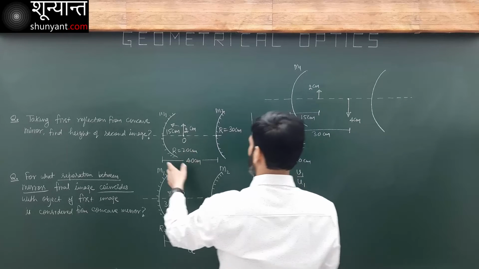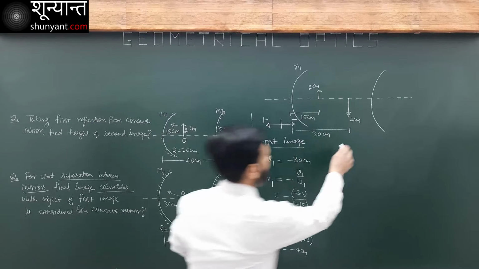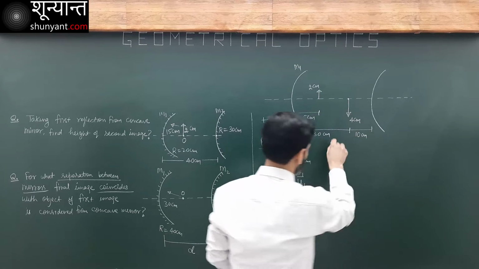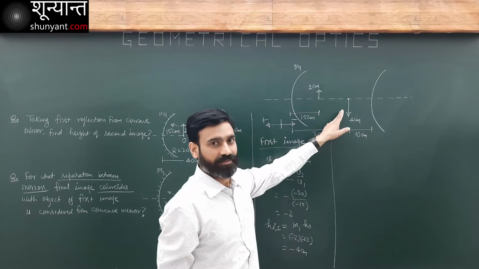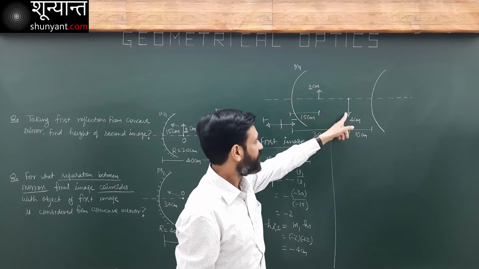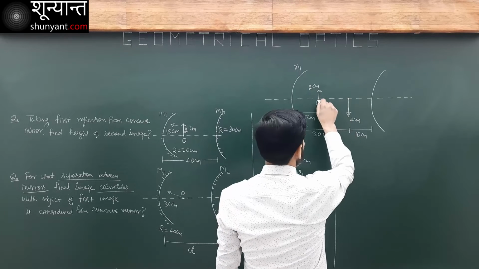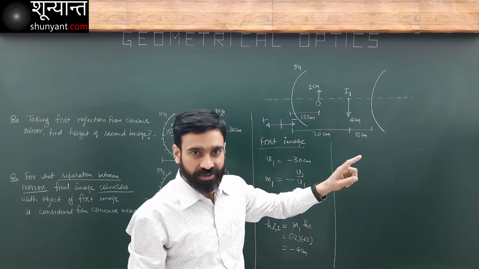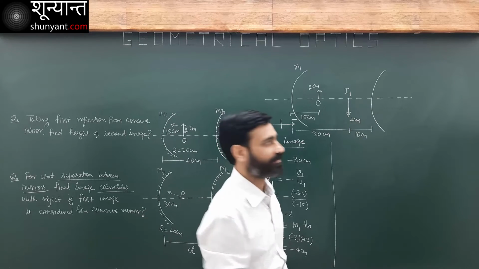This is 40 centimeter, so this is going to be 10 centimeter. Now this image, what is this? This is the image by M1. This is my first image. This becomes an object for the second mirror.